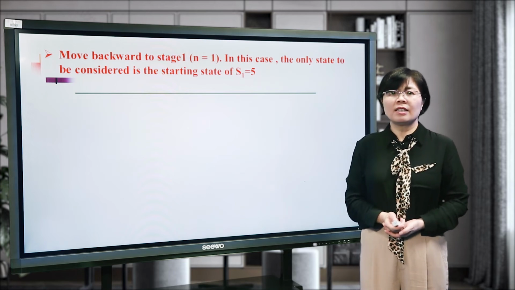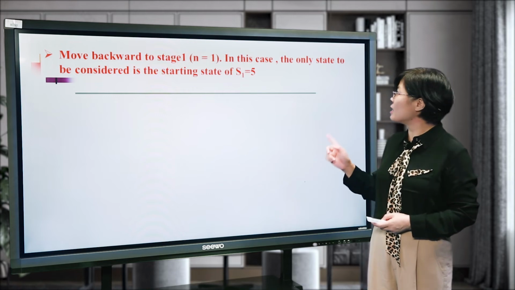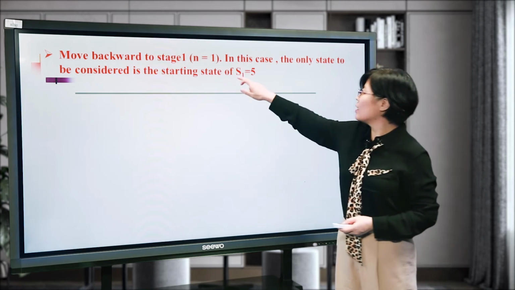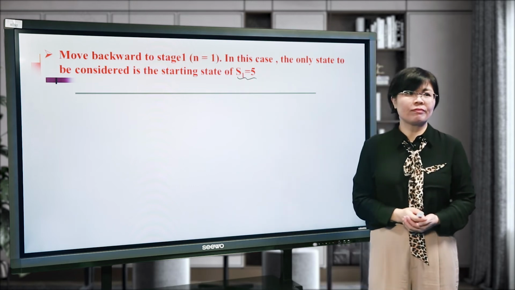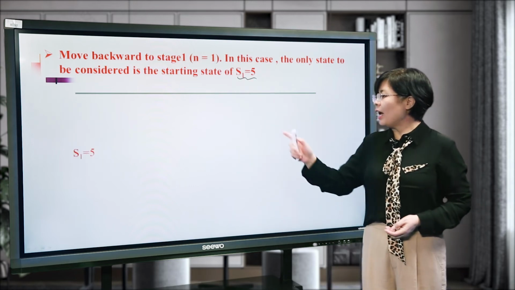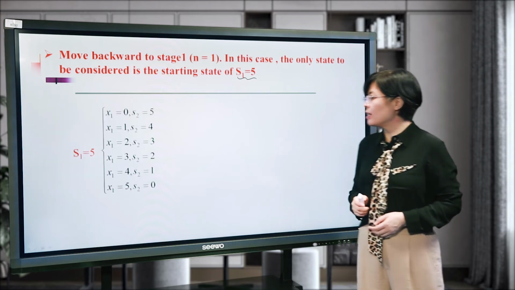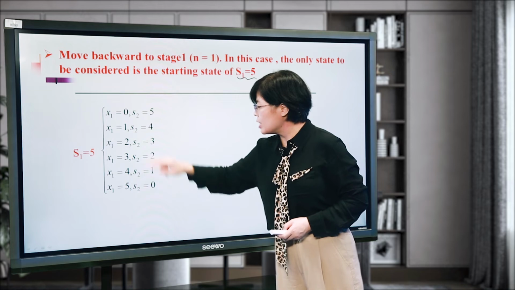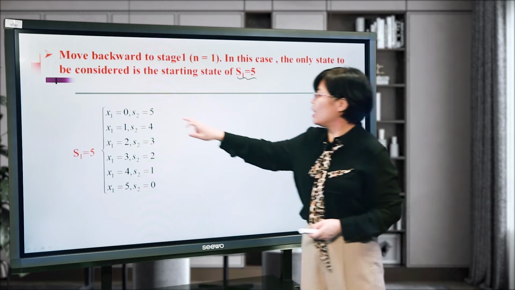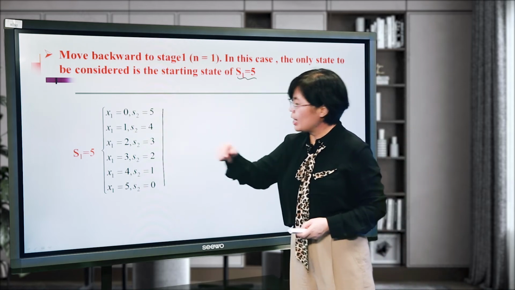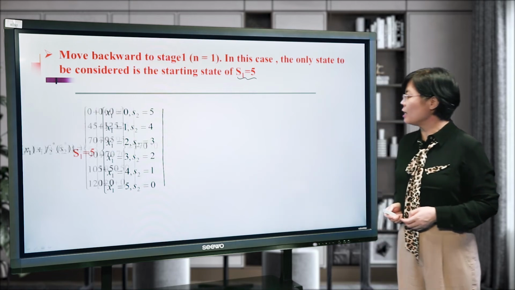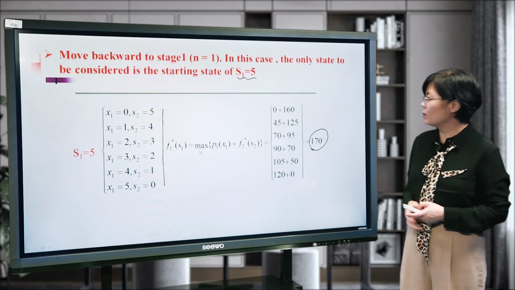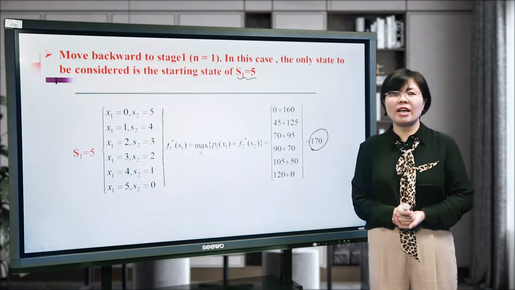In this case, the only state to be considered in stage 1 is 5. Then X1 can be 0 to 5, and the rest are remaining. Using the formulation, we can get the optimal performance of 170.